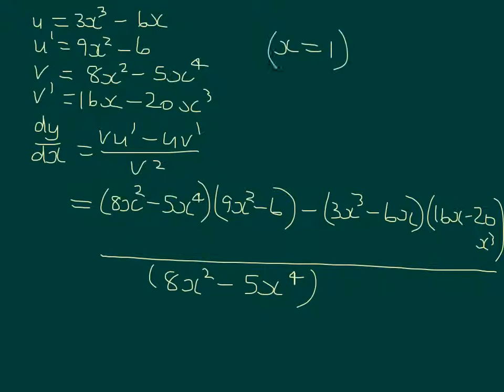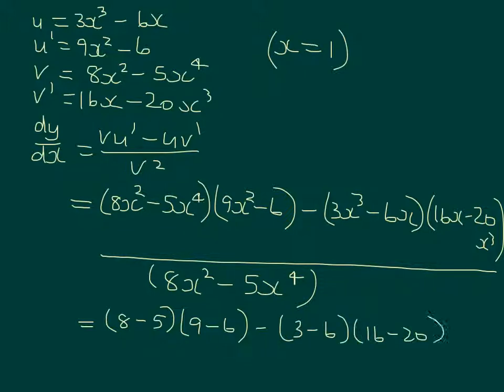So all we need to do is sub in the value of x equals 1, which is very easy. We don't need to expand it out. So if x equals 1, we've got 8 minus 5, 9 minus 6, minus 3 minus 6, 16 minus 20, all over 8 minus 5. Oh, that's squared.